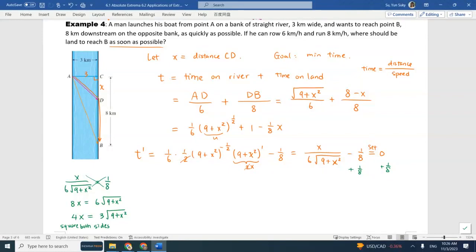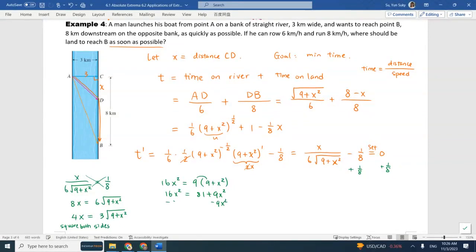Yes. So 16 and then x squared, right? Okay, Will, what's 3 squared? 9. Then you see the square root and square cancel. Look at 16x squared. 9 times 9 is 81 plus 9x squared.